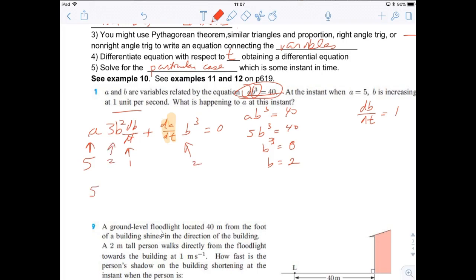And so we'll have 5 times 3 times 2 squared times 1, plus dA/dt times 8, equals 0. Let's simplify this. We're going to have 4 times 15 is 60, plus 8 dA/dt equals 0.